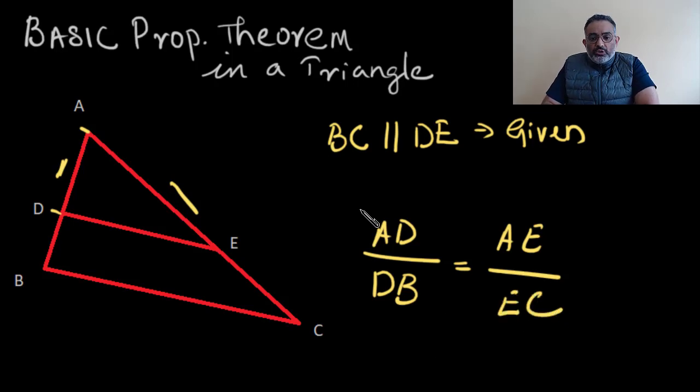All right. So if these two lines are running in parallel in a triangle, then the sides are divided proportionally. AD by DB, that proportion is equal to AE by EC.